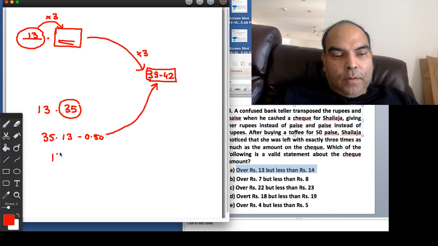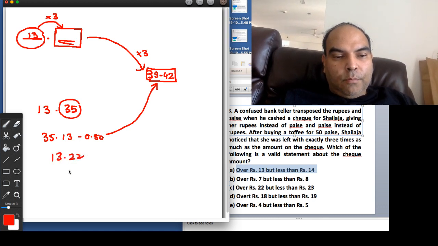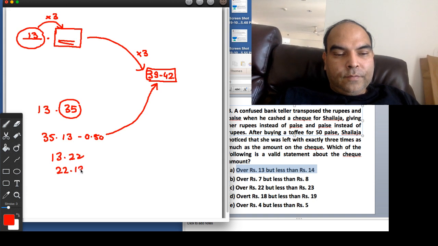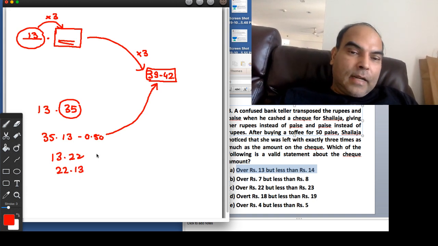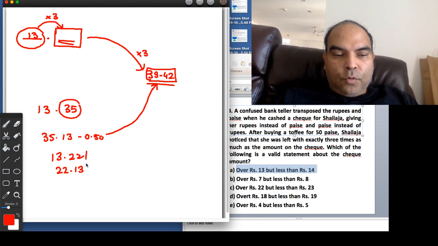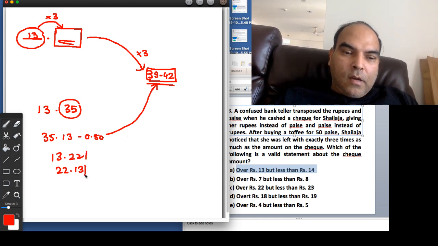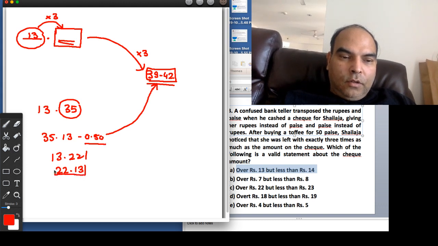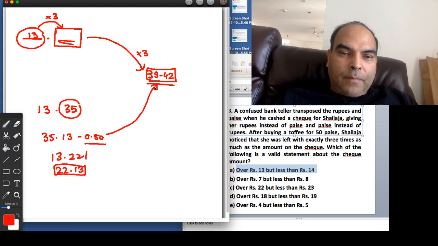Likewise, 13.22 becoming 22.13, I hope you guys understand why I'm talking about this range. So 13.22 becoming 22.13 will not work, again, after spending 50 paise from that, you're not going to get 3 times this number.